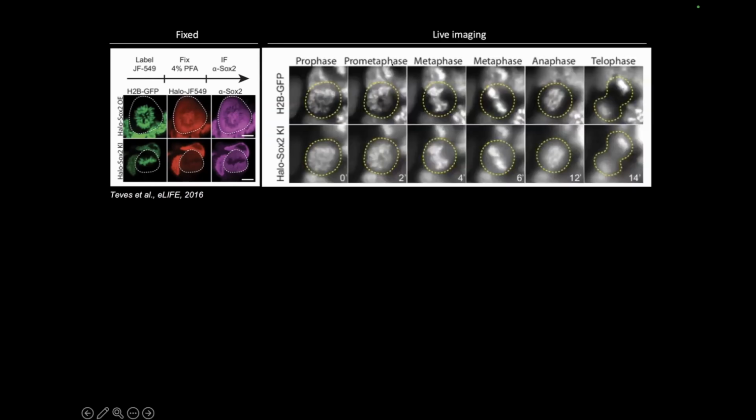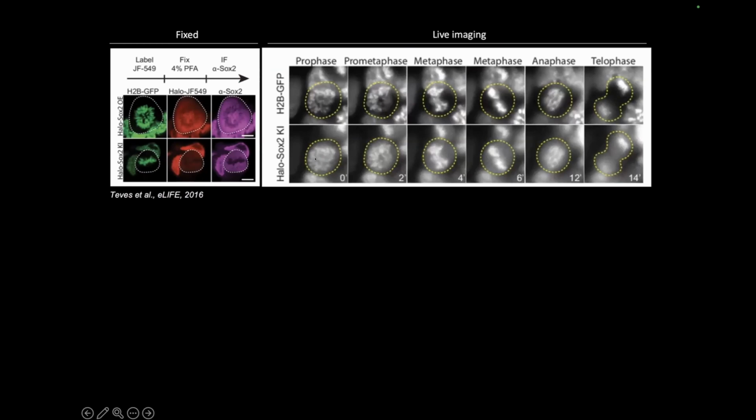Here we have SOX2, that when you look at these cells in fixed condition, in mitosis, it seems that the SOX2 staining is completely getting away from the chromosomes. And that was believed to be true for many years until people started doing live imaging.